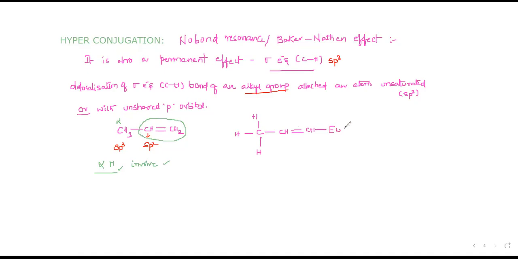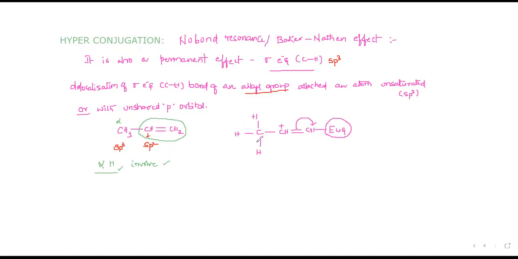We already studied the electron withdrawing group under inductive effect. What does the inductive effect do? The electron withdrawing group withdraws the bonded electrons towards itself, right? Here it will shift, and this carbon gets what charge? Positive charge. This carbon gets positive charge, and this carbon gets a positive charge.